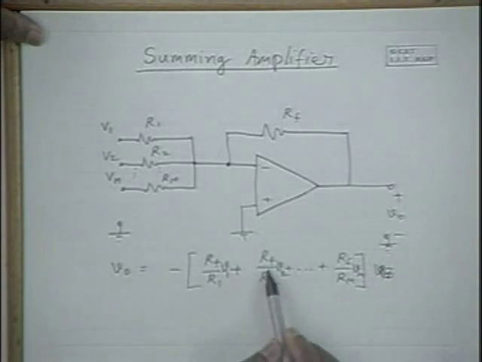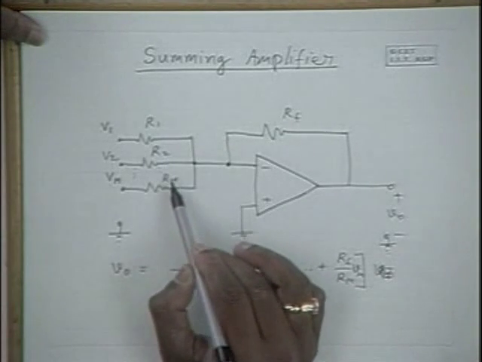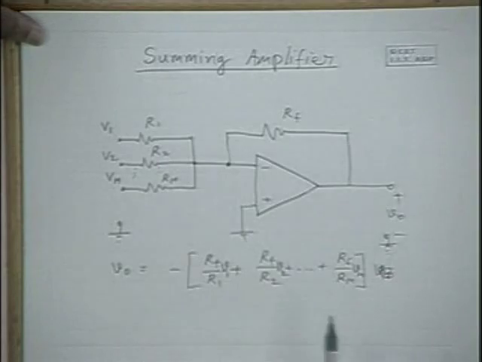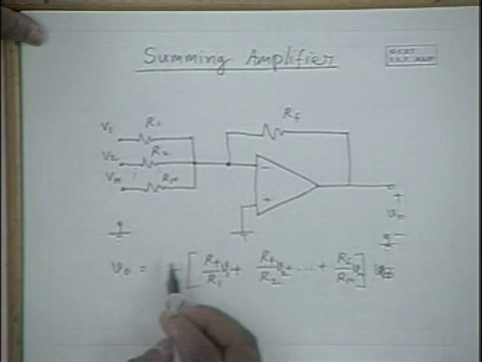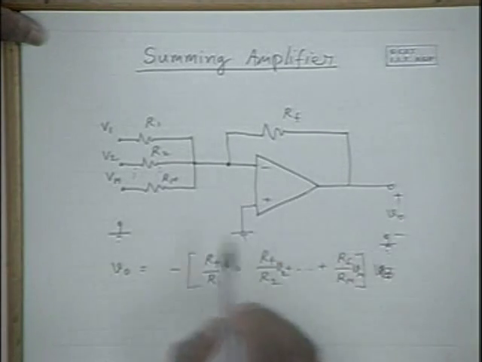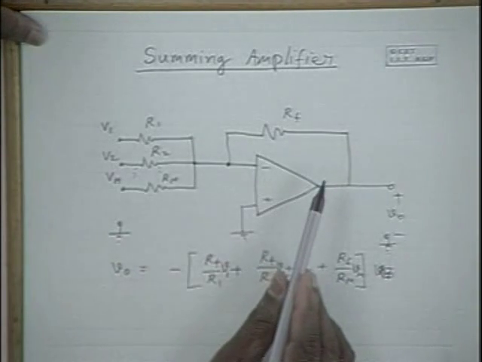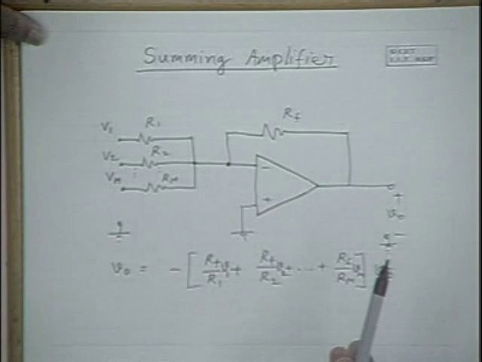And if we want the scaling factors to be 1, that means Rf equal to R1 equal to R2 equal to etc. equal to Rm, then the output is an absolute sum of V1 to Vm, with a negative gain, of course. So the output voltage is the sum of all these input voltages with different scaling factors and a negative sign.